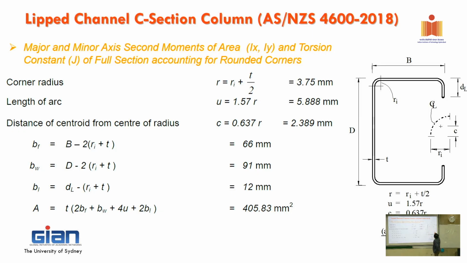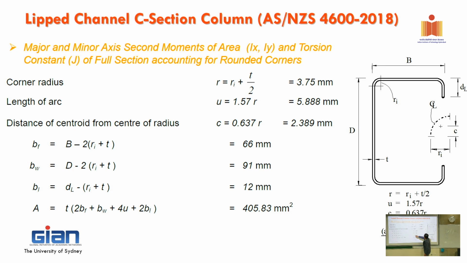The U here is the length of the arc, and from that we can calculate BF. BF is the flat portion from here to here, so you take B and minus the 2 corners.